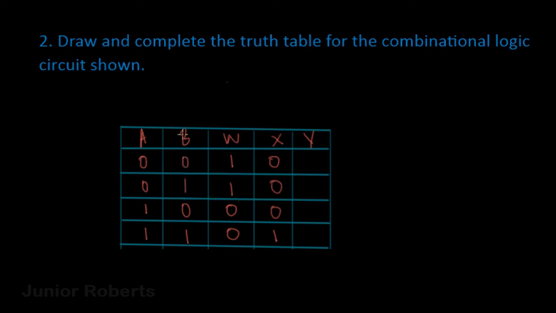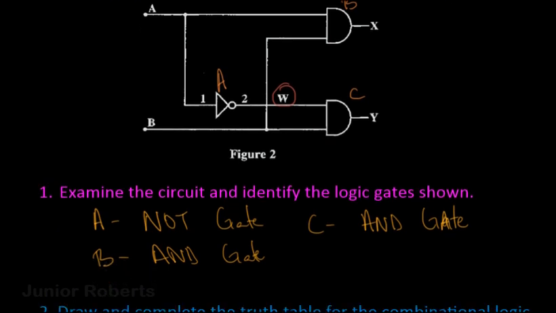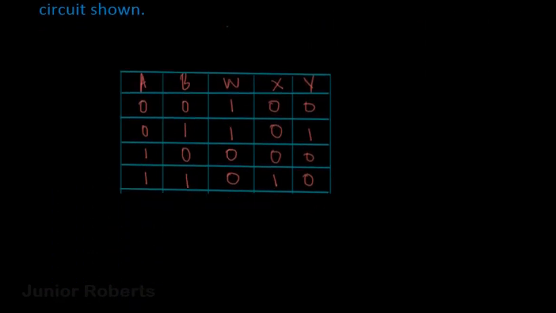When B is 1 and W is 1, we get a 1. Otherwise, 0 and 1, we get a 0. 0 and 0, we get a 0. And 1 and 0, we get a 0. So that would be our truth table for this combinational logic circuit.